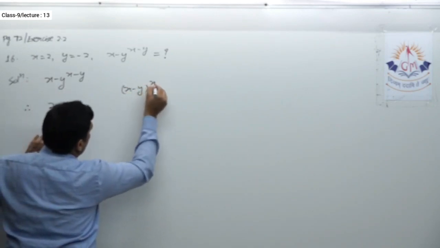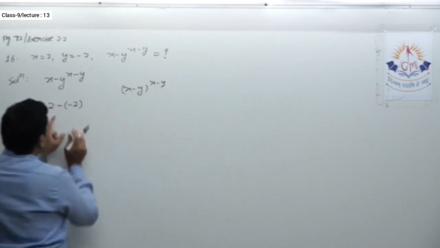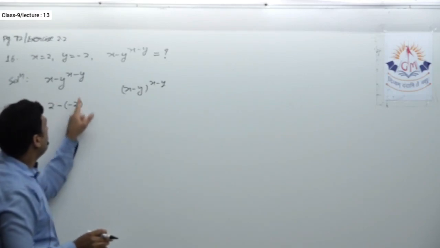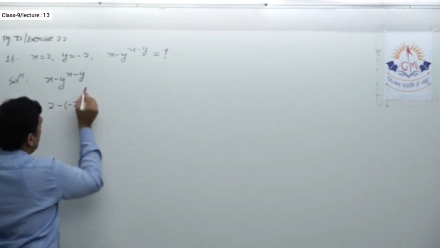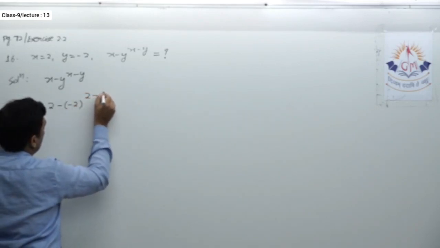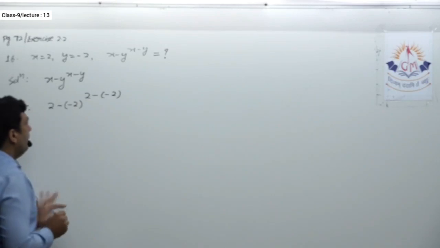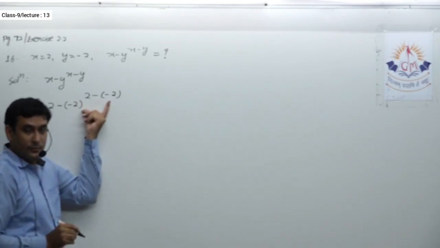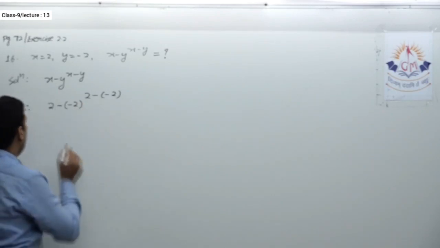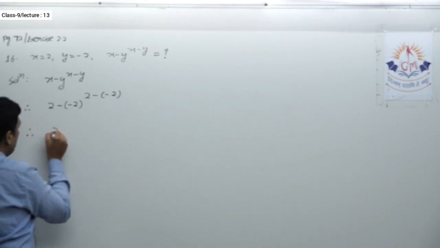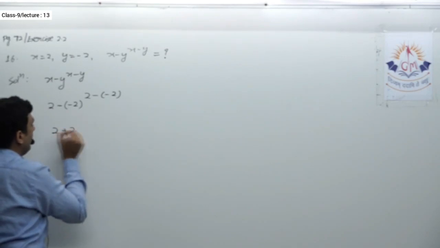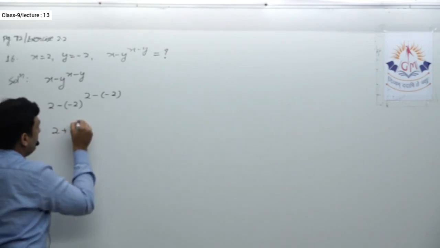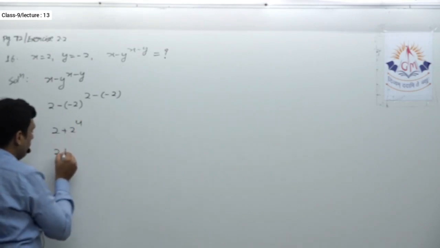Some of you consider it like this, and then you simply do 2 plus 2 raised to 2 plus 2, so that gives you an incorrect answer. Now x is equal to 2, y is equal to minus 2. So first we'll simplify this. 2 minus minus 2 is definitely 4. So this gives you 2 minus. Now most of you do this: 2 minus minus 2, so you write 2 plus 2. Then over here again you write 2 plus 2, 4. And then you go like this.